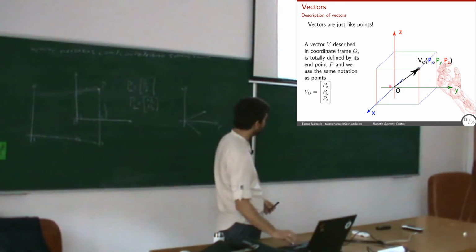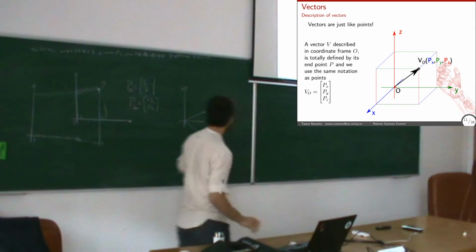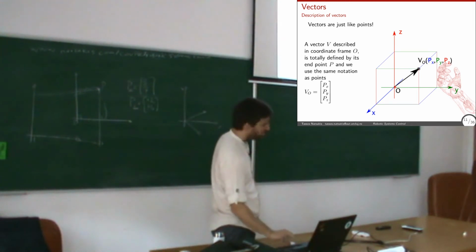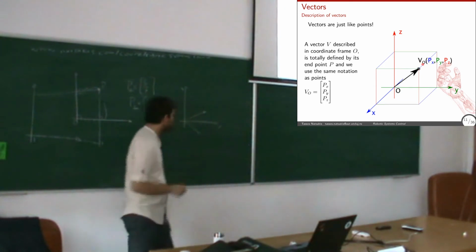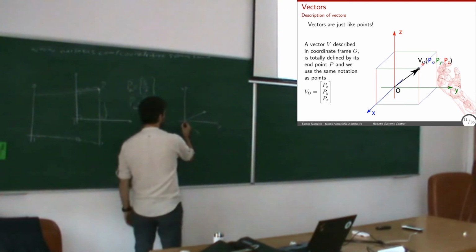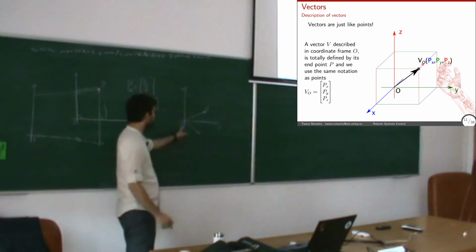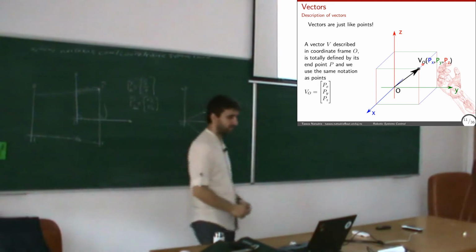Usually we consider vectors starting from the origin, so from the 0, 0, 0 point, and going to a point. So a vector with coordinates px, py, pz would be an arrow connecting point 0 and the point with these coordinates. Okay? And again, we use the same notation with the superscript saying that this is V0, expressed in coordinate frame 0. Okay?